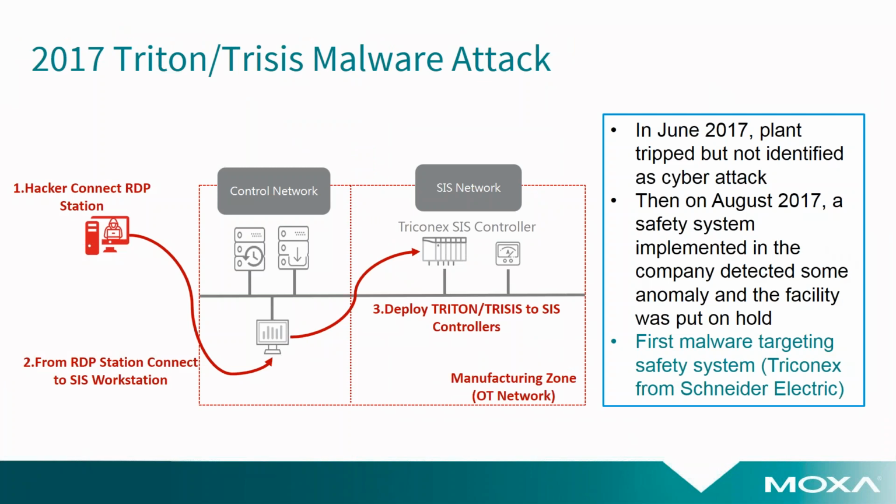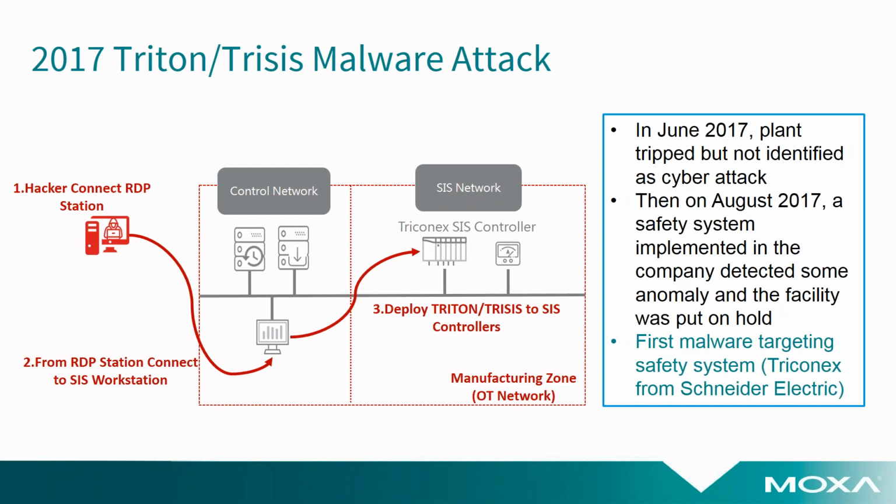Right, and then in terms of this Triton or Triconex attack, it is important to recognize that there is a lot of challenge in terms of skill set, domain knowledge, domain expertise, and also collaboration.